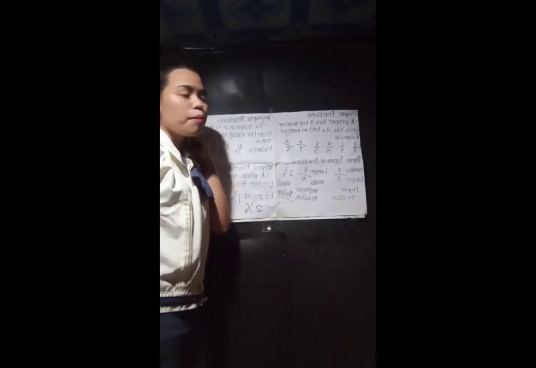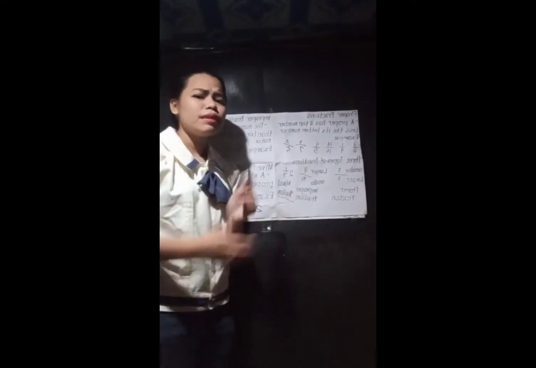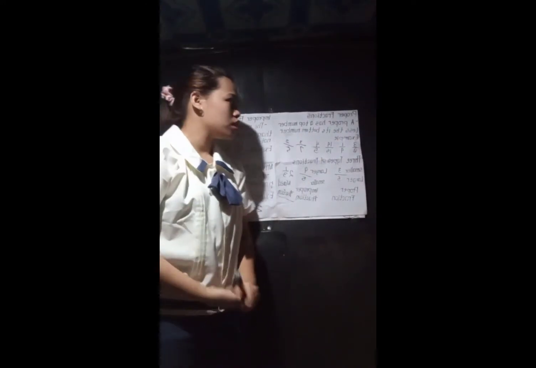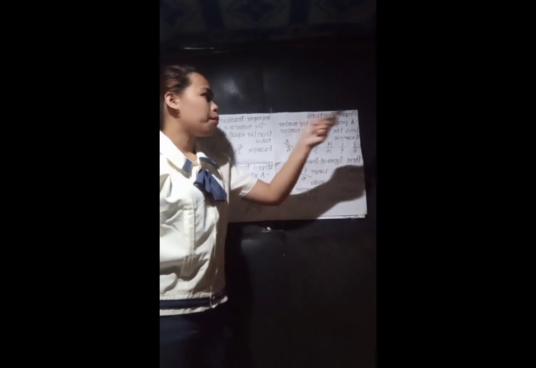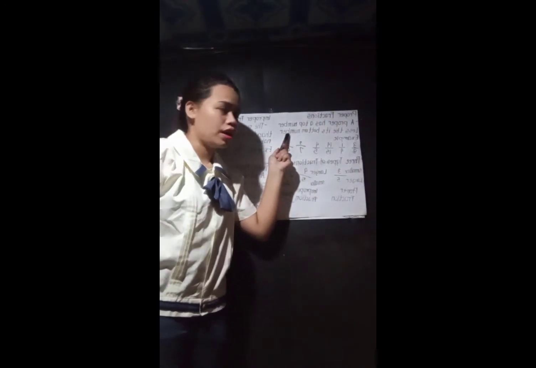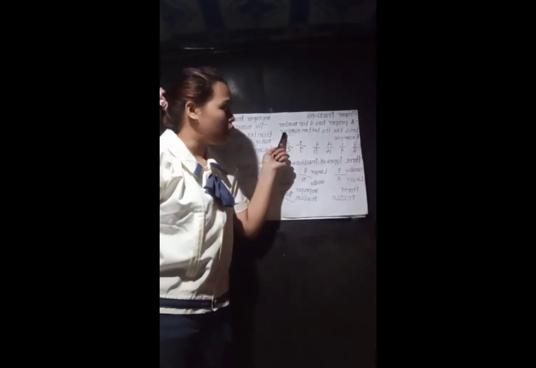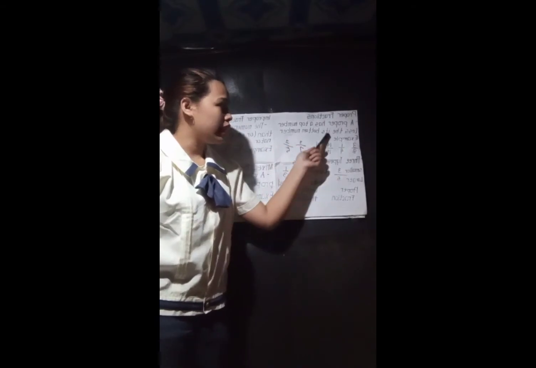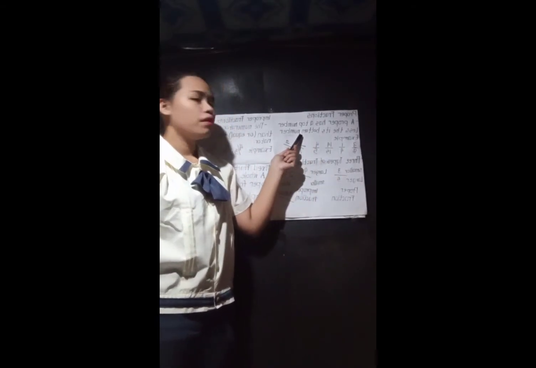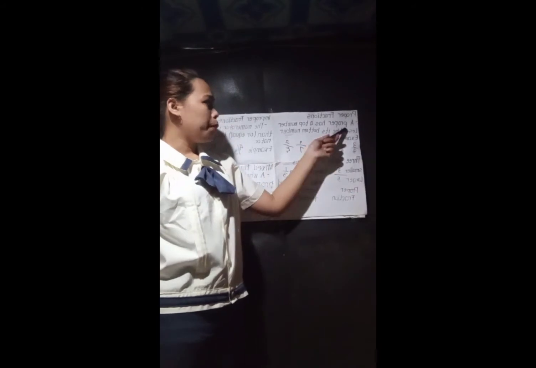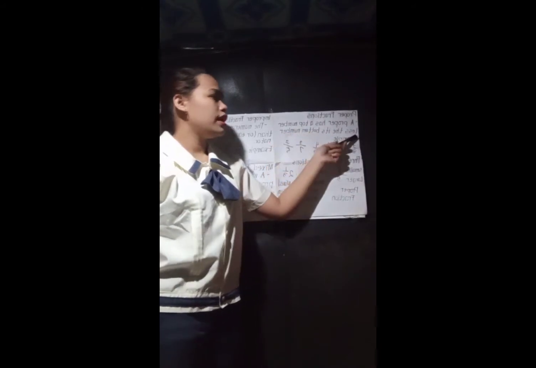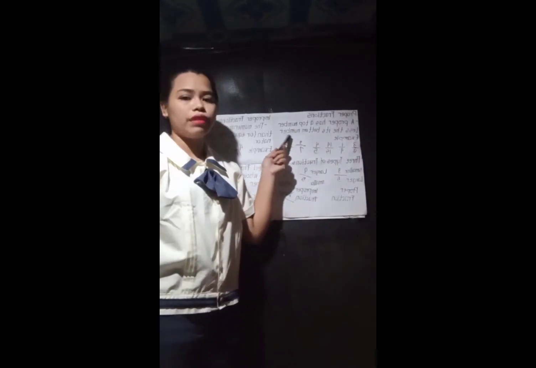What is a proper fraction? A proper fraction has a top number that is less than its bottom number.